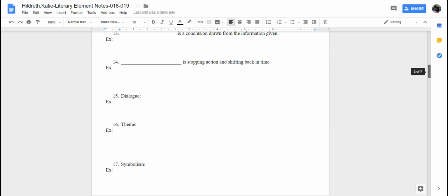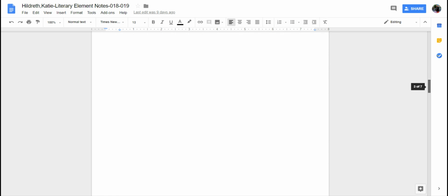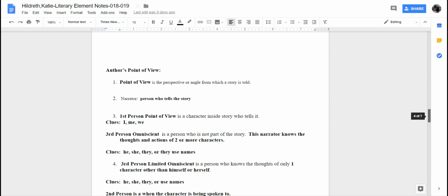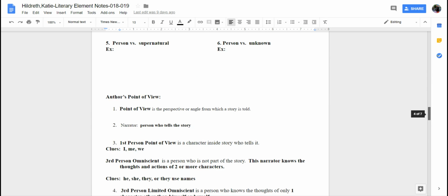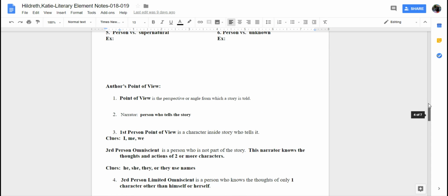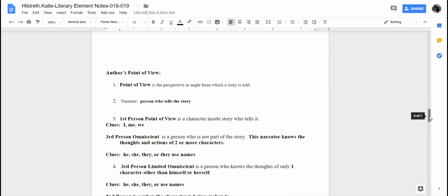Okay, if we scroll down, bear with me. If we scroll down and we talk about conflicts, which we'll talk about in just a little bit. But if we talk about point of view, when we were annotating the other day, and we kind of touched base on this today, we reviewed it.